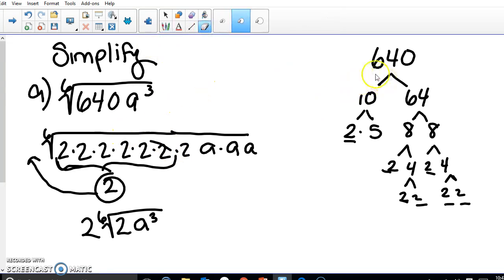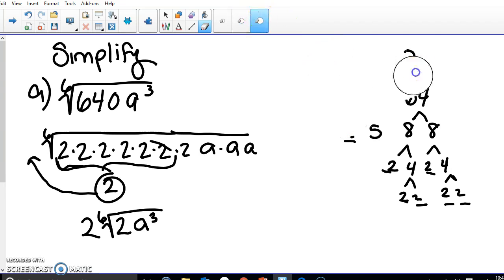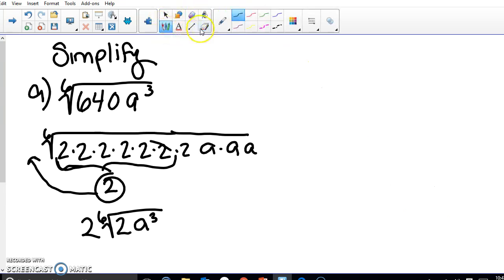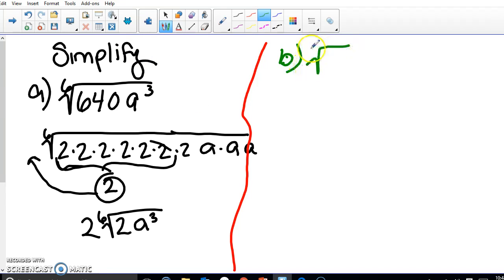Alright, so let's do one similar to that. So for another example, I have the cube root of 16 over the fifth root of 4. So the first thing I'm going to do is the cube root of 16, I know that I can take some stuff out.